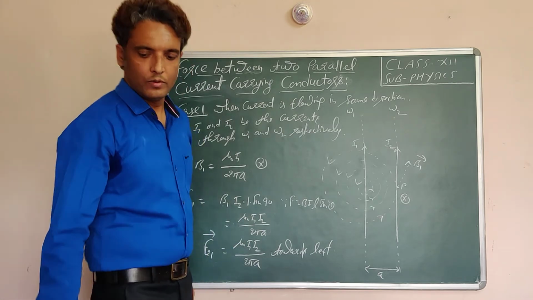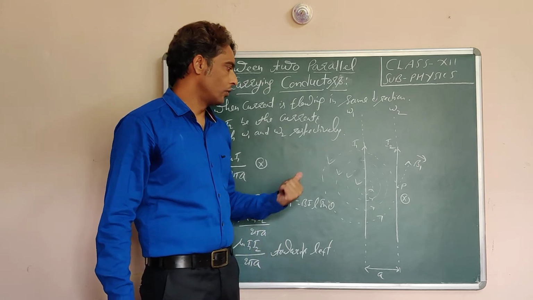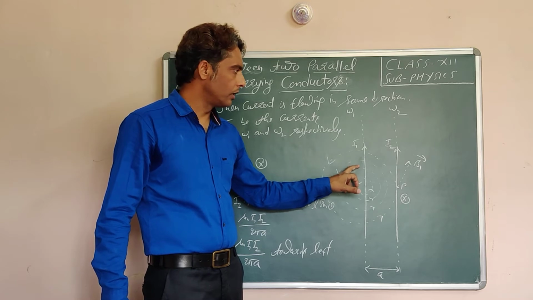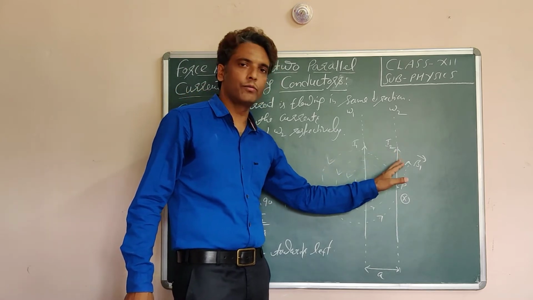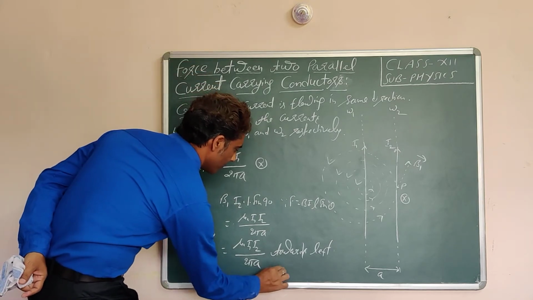So now we see what is the force per unit length on this conductor W1 due to the magnetic field of W2. Let me give it number 1.